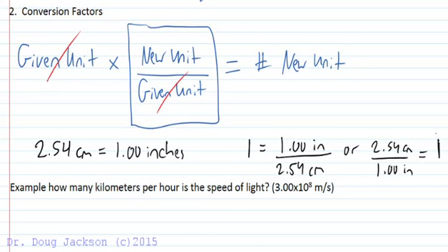Okay, and so the point is, if I multiply by this whole quantity that equals 1, since it equals 1, I'm not changing anything about it. I'm just converting from one unit to the other.